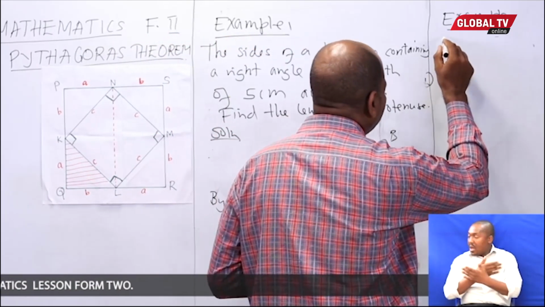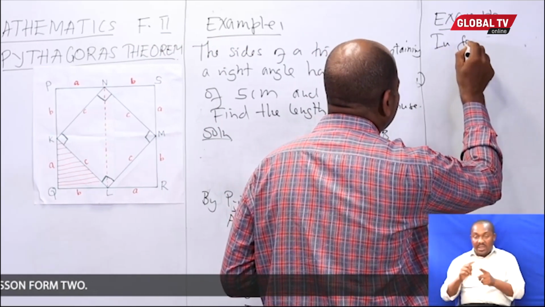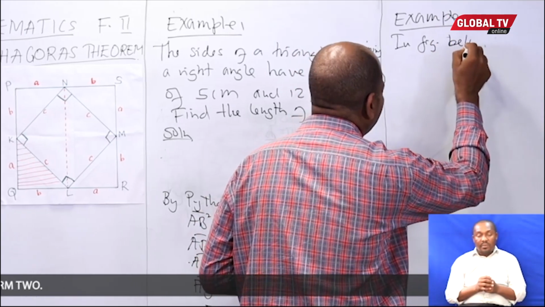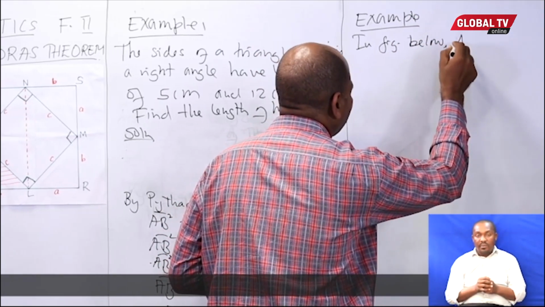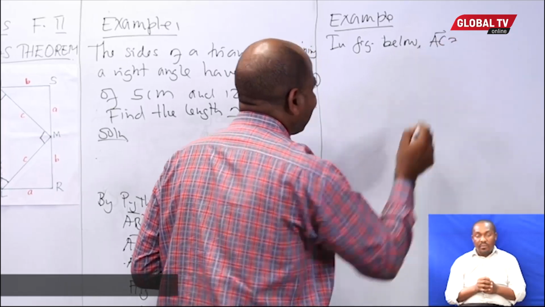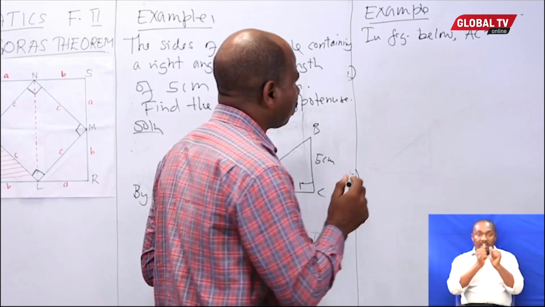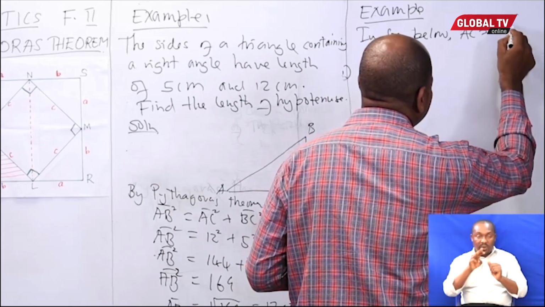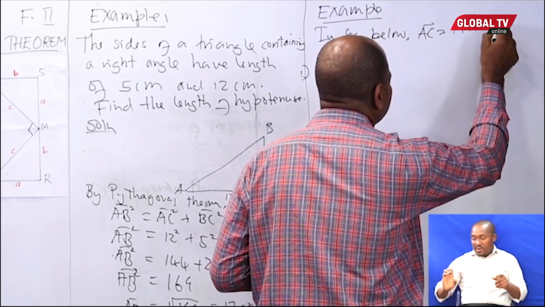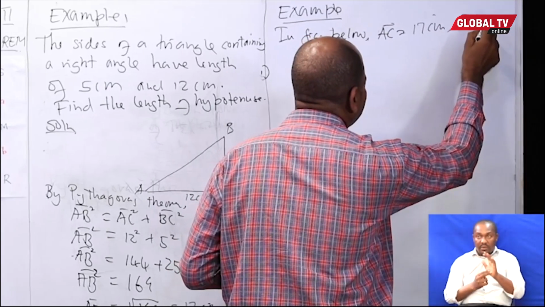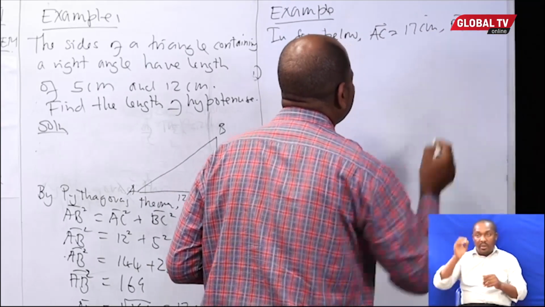In the figure below, AC is 17 centimeters, and BC is 8 centimeters.